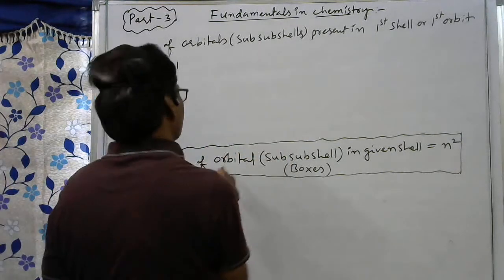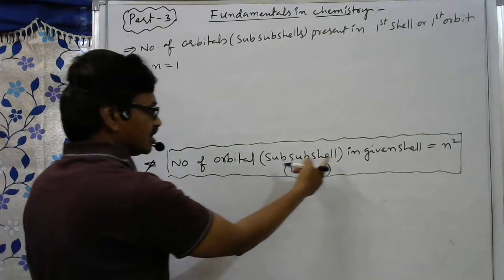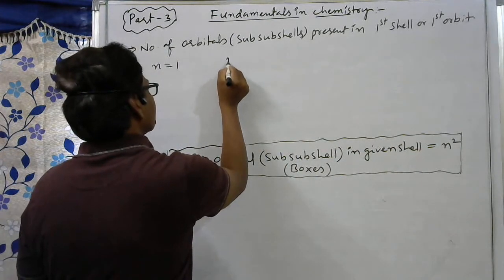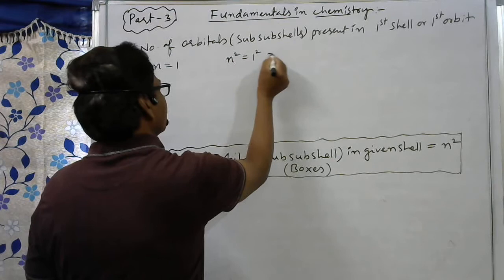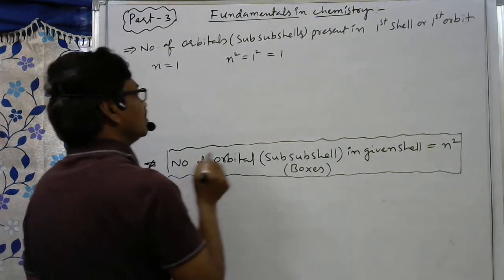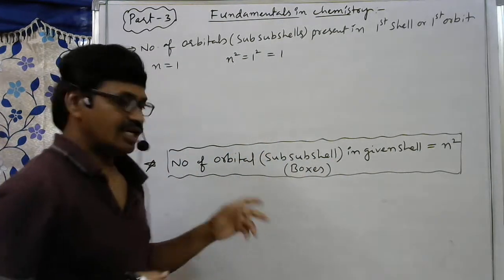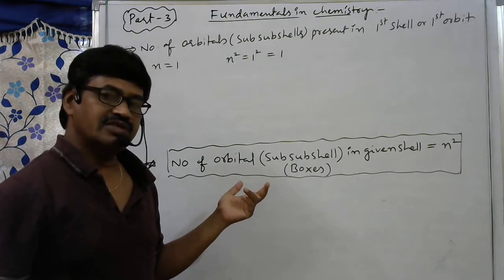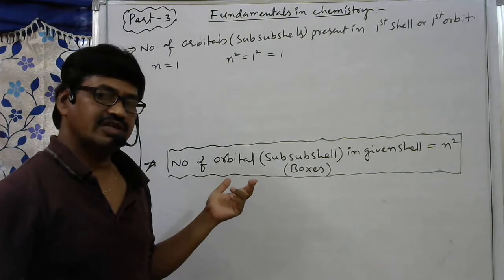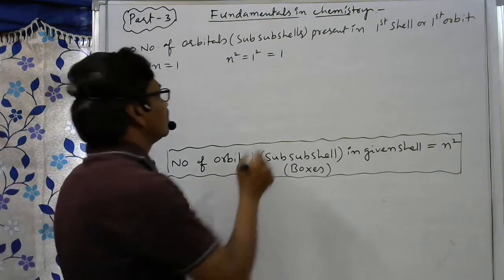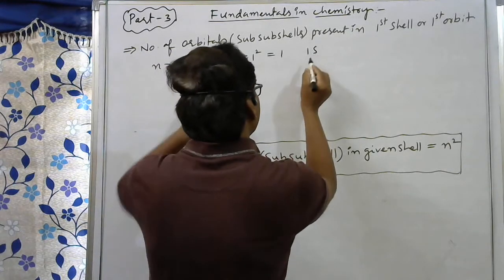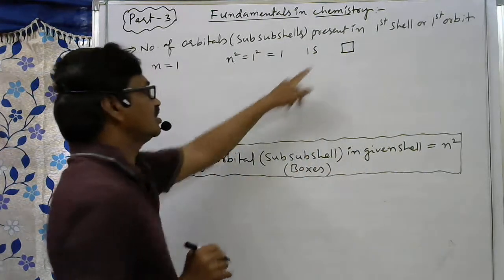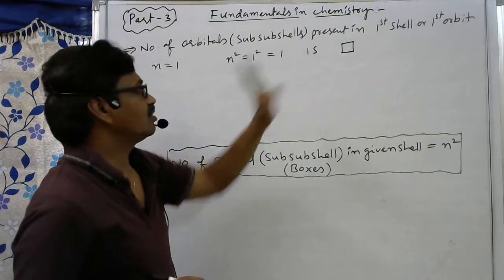So for this, what is the formula? Number of orbitals, otherwise subshells in given shell equal to n square. If n equal to 1, n square equal to how much? n square equal to 1 square, means it is 1. This one means in first shell, as per earlier formula, number of subshells present in given shell equal to n only. Means if n equal to 1, one subshell, that is 1s orbital. But here I am representing this 1s orbital in one box. So this is one orbital, one only. One square is nothing but one.